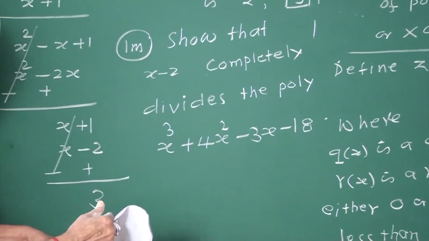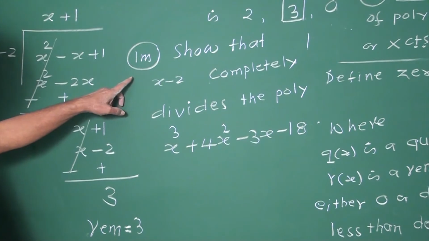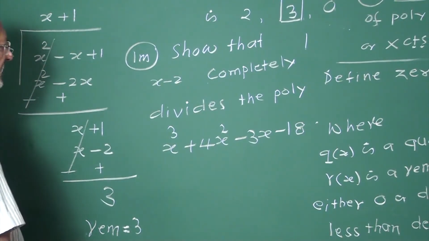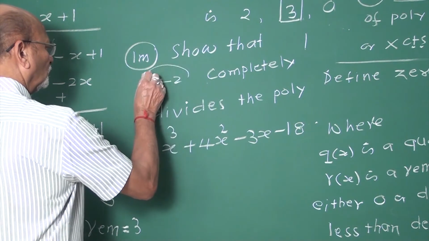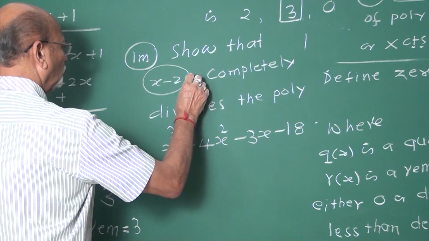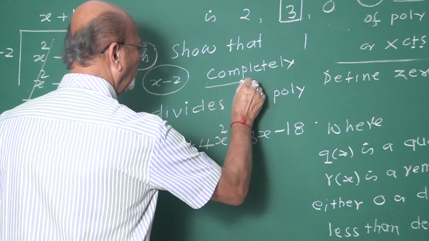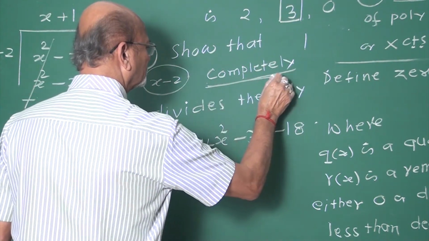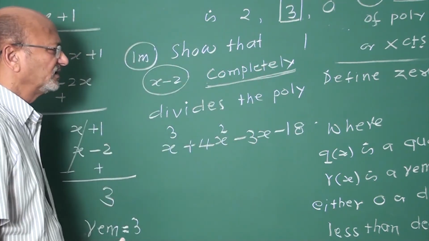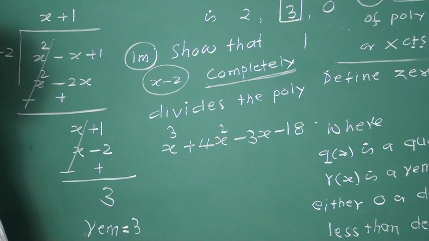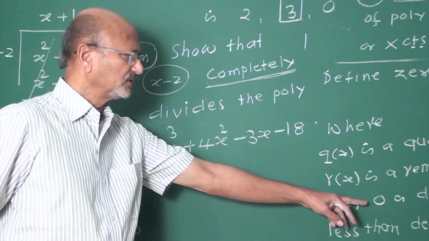This also comes under a 1 mark question. Read the question. Show that x minus 2 completely divides the polynomial. Sometimes you can't understand these wordings. What the examiner wanted: completely divides means you must show that the remainder must be 0.